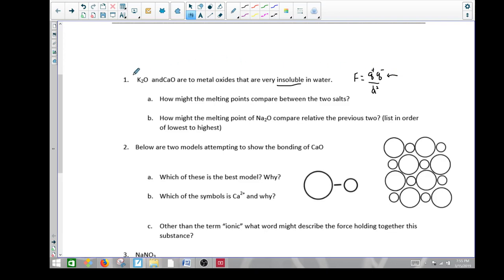This one is plus 1, minus 2, and this one is plus 2, minus 2. Due to the larger charges, calcium oxide has increased Coulomb attraction and therefore a higher melting point.